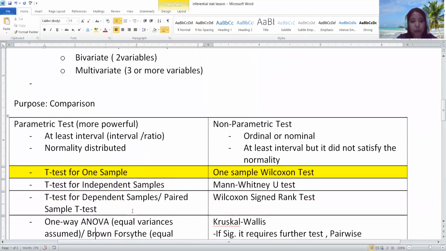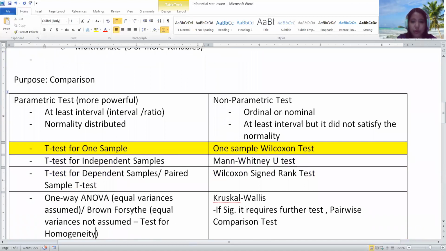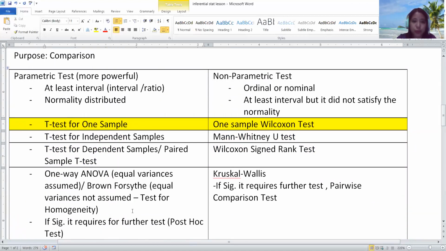So let's consider the first purpose. If our purpose now is comparison, we have to choose between two inferential statistics tests: the parametric test, and the other one is the non-parametric test. So how will we know that we're going to use parametric tests compared with non-parametric tests?